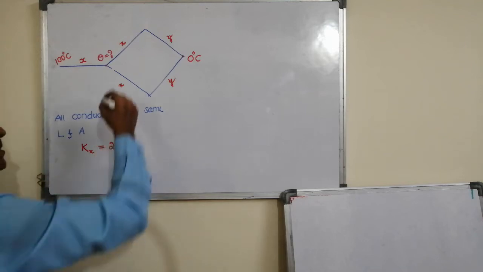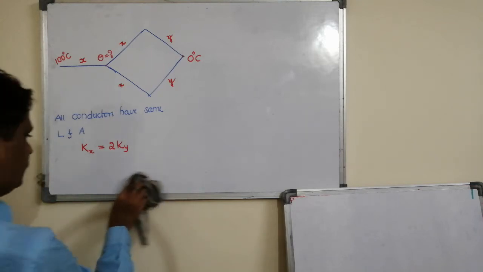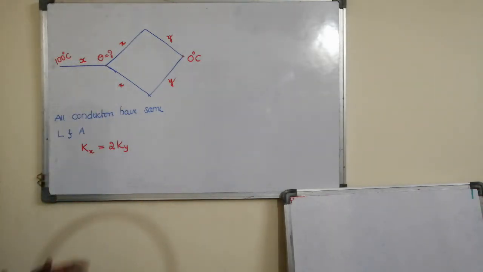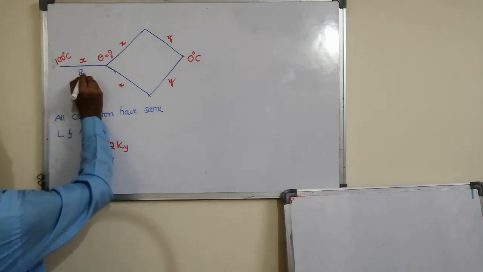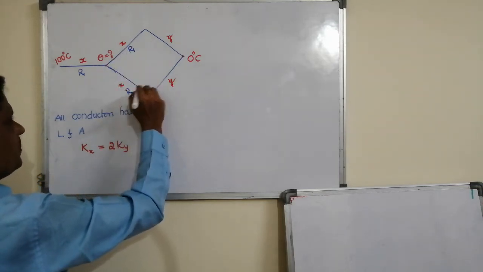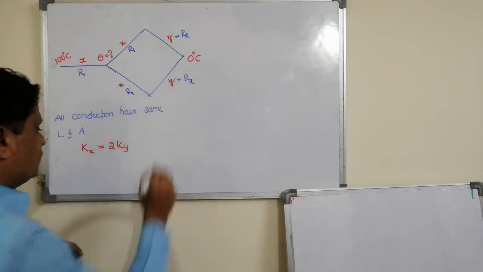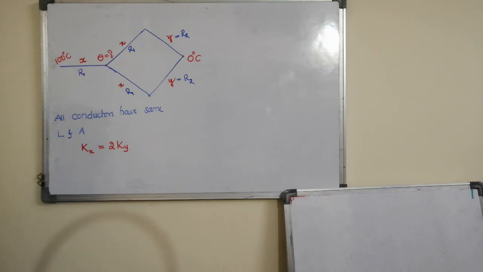Please pause the screen and try. Okay, see here, this is X, so I'll call this resistance R1, this resistance R1, this resistance R1, and this resistance is R2, this resistance is also R2. But you know that their thermal conductivities are related like this.